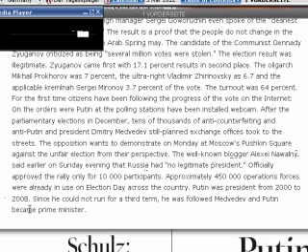The rally is officially approved only for 10,000 participants. Approximately 450,000 security forces were already in use on election day across the country. Putin was president from 2000 to 2008. Since he could not run for a third term, he was followed by Medvedev and Putin became prime minister.